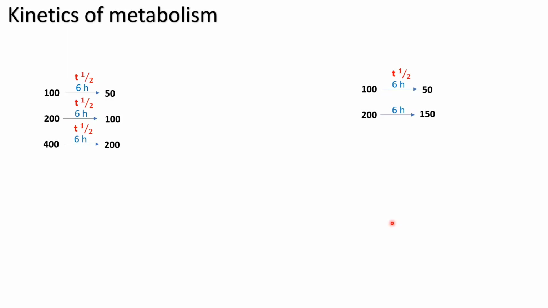Then after another 6 hours again, another 50 milligrams of the drug were metabolized. So we ended up with 100 milligrams of our drug in the plasma. So our drug, to reach half of its initial amount, needed more time.